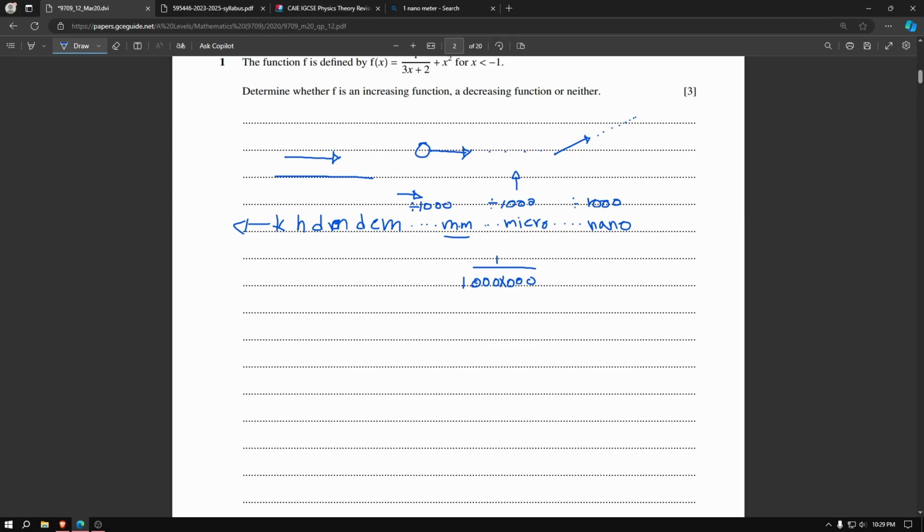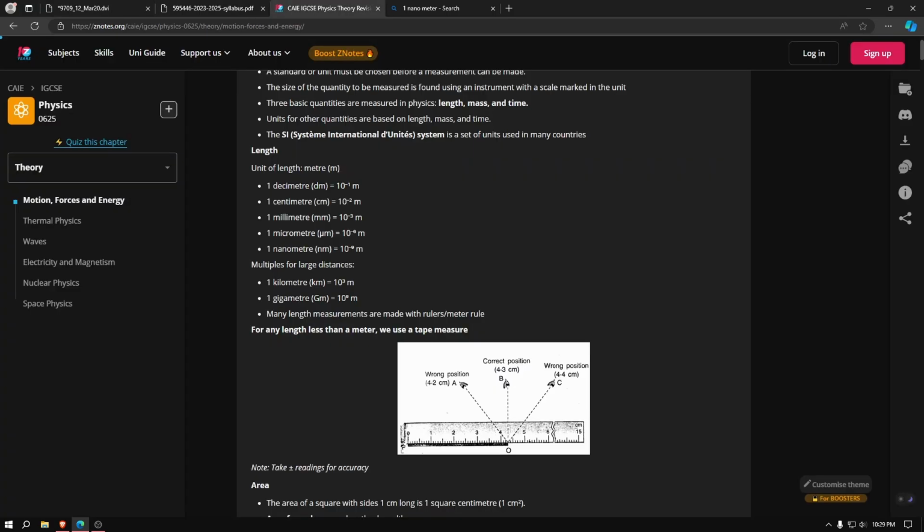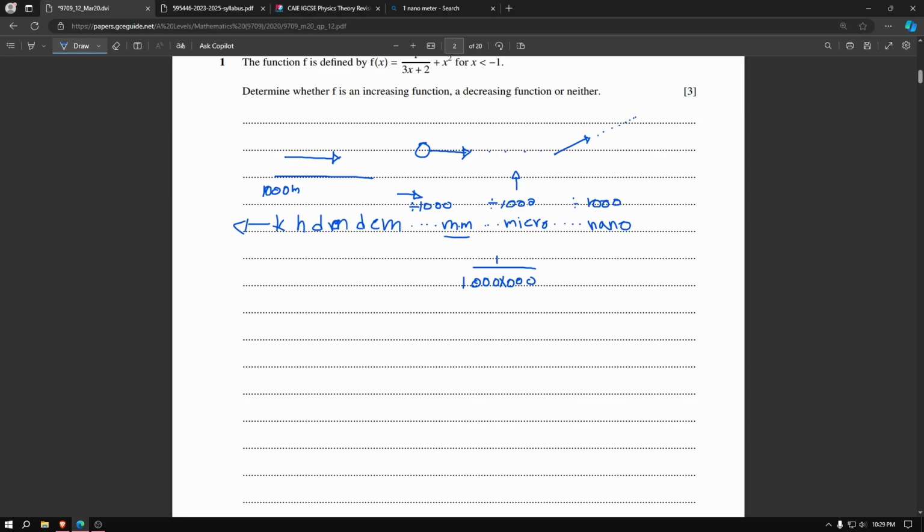Kilometers, so 1000 meters, you already know that. In the notes here, you need to know one more thing: gigameters. You can learn one more extra thing here, which is, I don't know, 1 million meters.